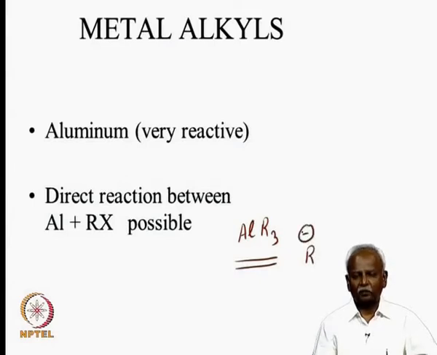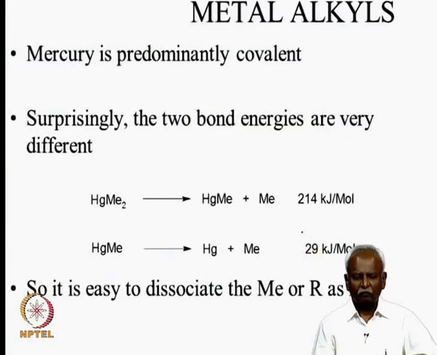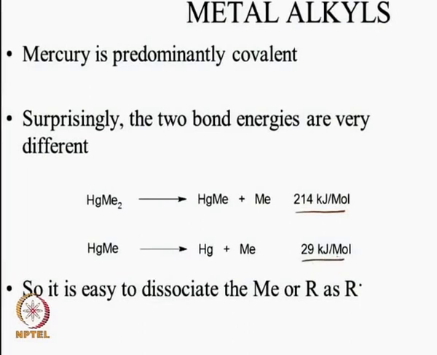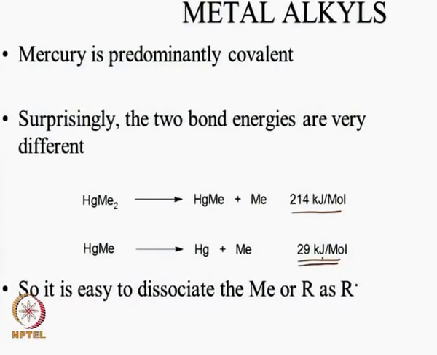So, in many instances you can have R minus behavior for the AlR3 group, whereas in the case of mercury the species is more or less covalent, and what is more surprising is the fact that they have a very large energy difference between the methyl mercury bond. In the first dissociation, it costs about 214 kilojoules per mole, whereas the second bond is only costing about 29 kilojoules per mole when you decompose HgMe2.